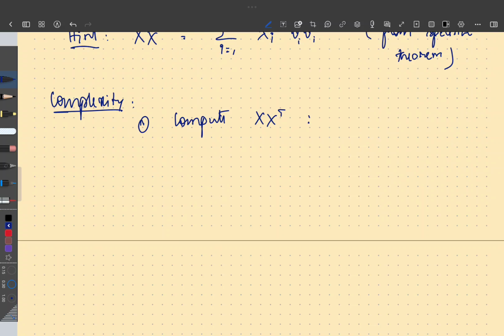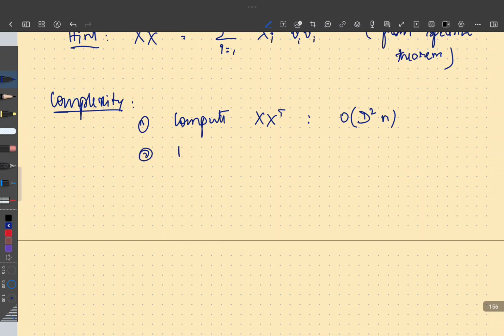There are n data points. Each vector is a vector of length capital D. So this requires order D square n arithmetic operations, right?